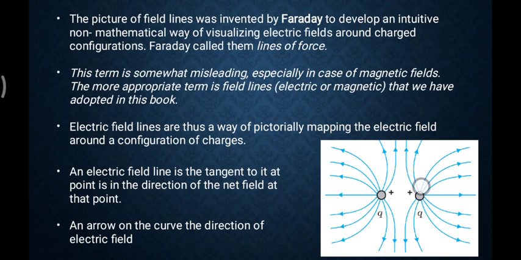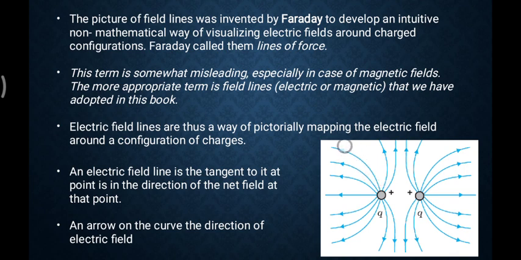The tangent to the electric field line at a point is the direction of the net field at that point. Now suppose at this particular point, I want to find exactly what the electric field direction is. So at that point you have to take a tangent of this particular curve. If at this point you take the curve's tangent, then this is the direction.